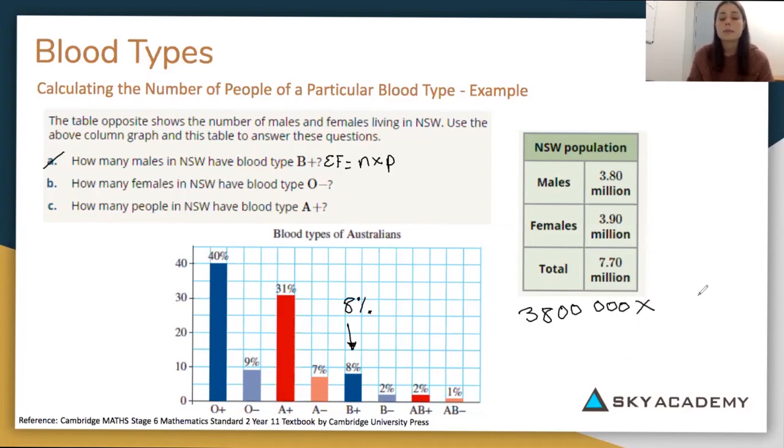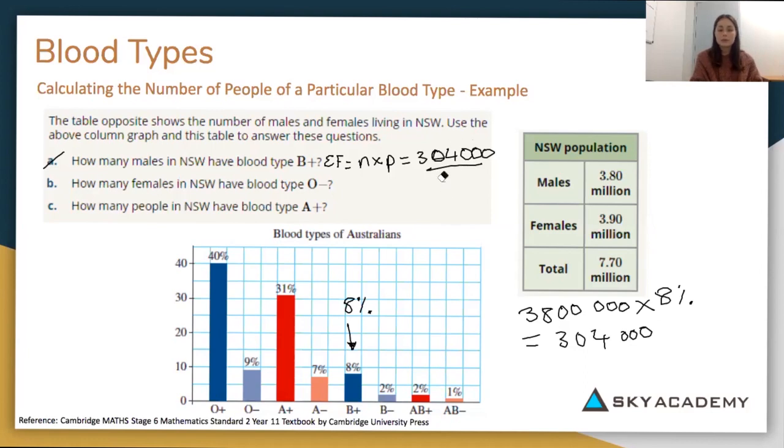That's going to give us an expected frequency of 304,000 people. So we have just found the expected frequency of males in New South Wales who have the blood type B positive. Out of 3.8 million people, we can expect that this many will have blood type B positive.